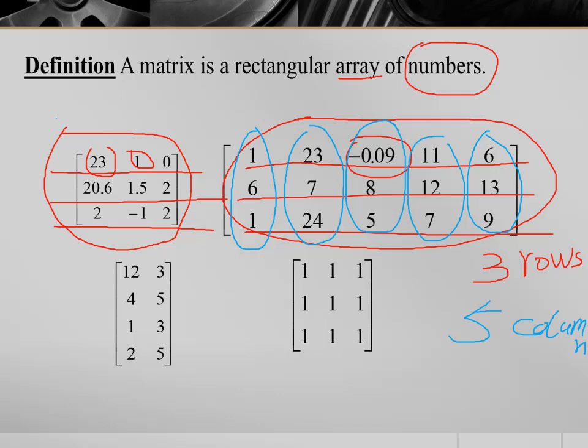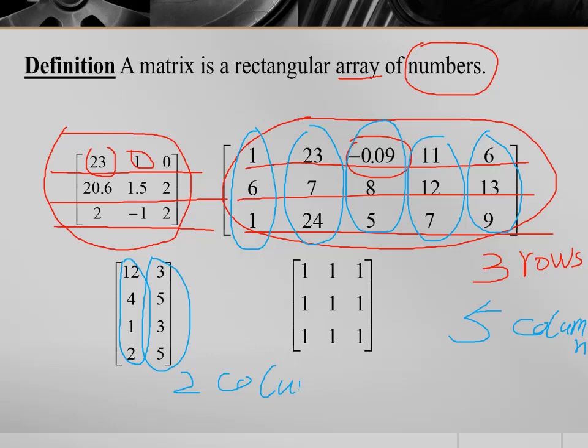The second matrix is 3 rows and 5 columns. The first one is 3 rows, 3 columns. Now see the third one. How many columns here? We have 2 columns: column 1 and column 2.